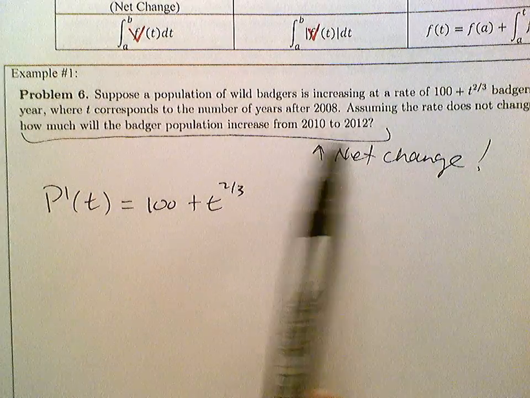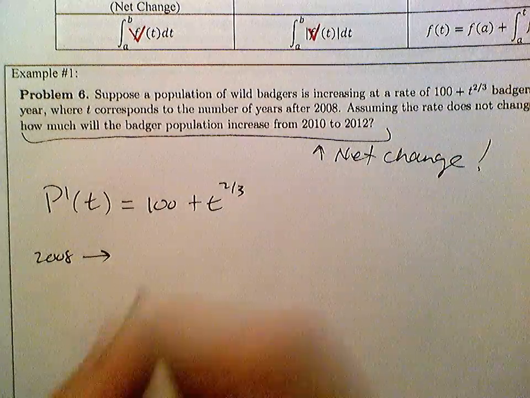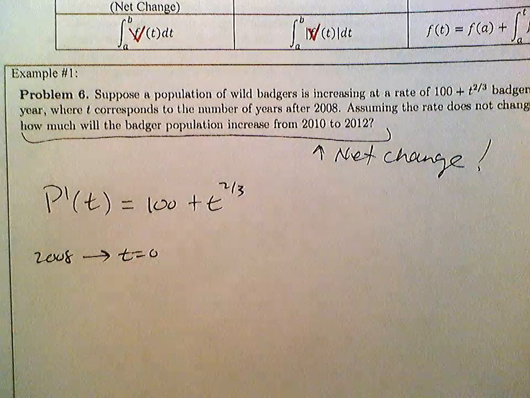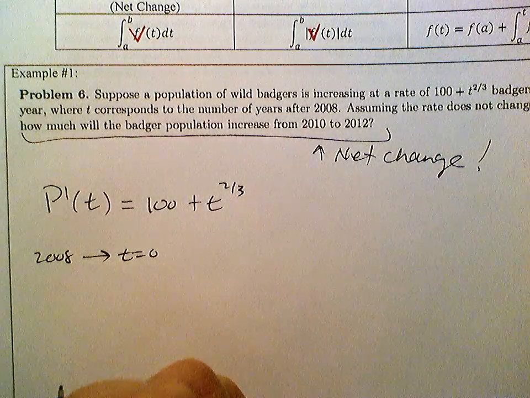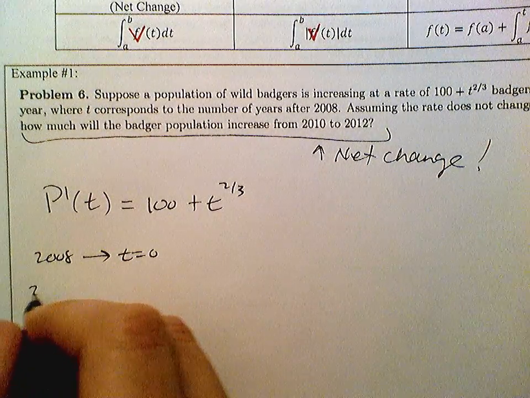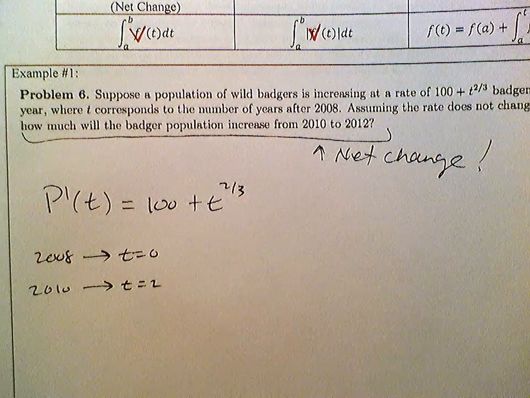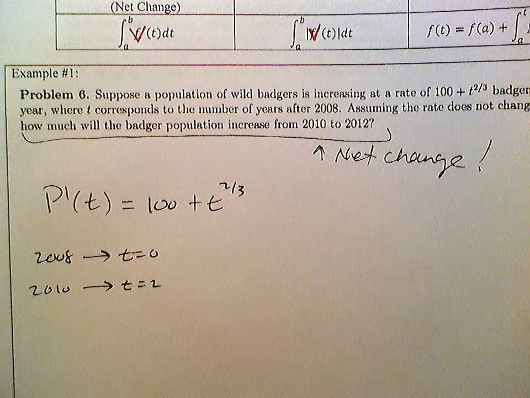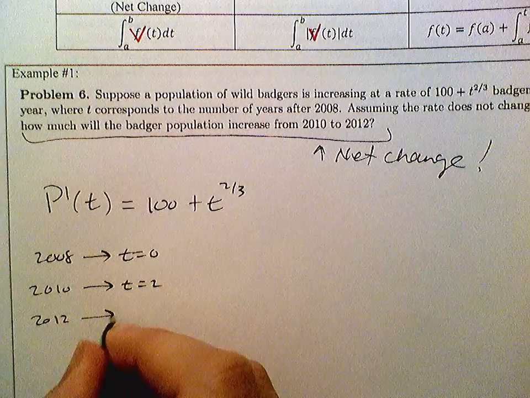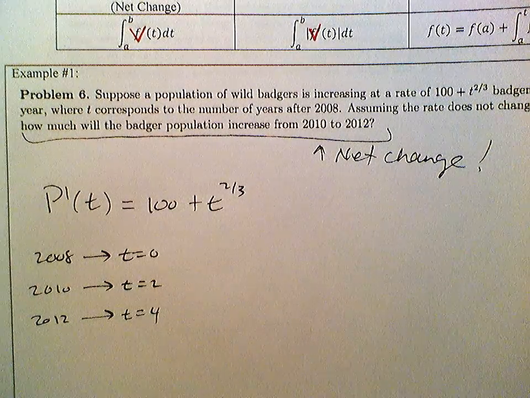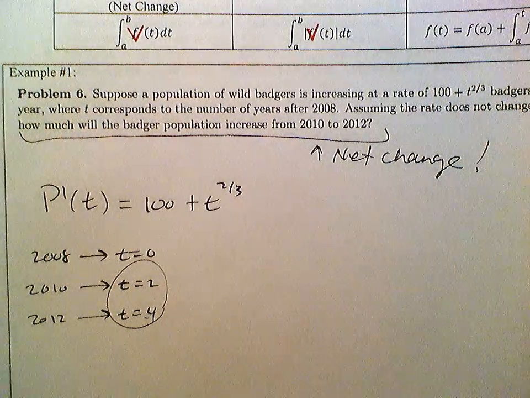But let's figure out, at 2008, that is t equals 0. They want from 2010 to 2012. So what are those times? 2010 will be t equals 2, and then 2012 will be t equals 4. I want the net change over that interval.